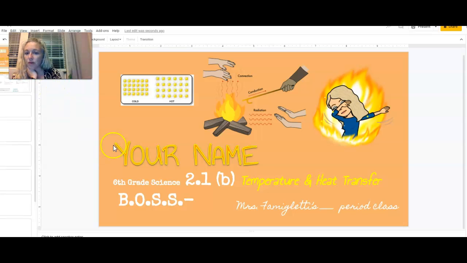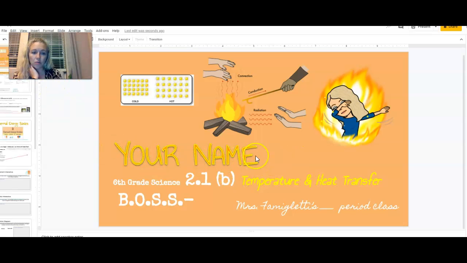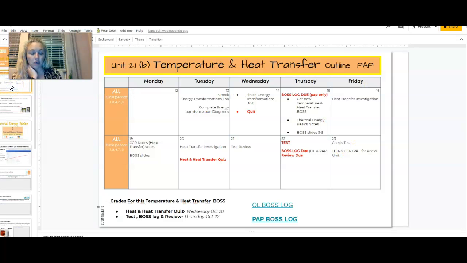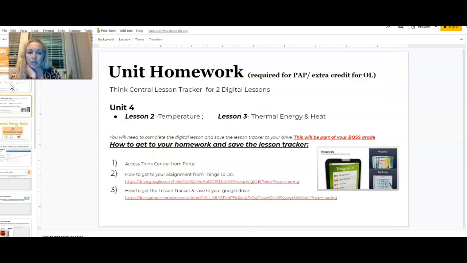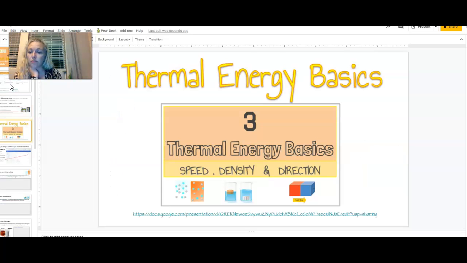When you get that copy made, you can feel free to take a few minutes to personalize that first slide. This is our calendar, which we'll go over when I get back tomorrow. This is a reminder that my pre-AP students still have 2 Think Central lessons to do for this unit. And on level, guys, you are welcome to do that for extra credit.